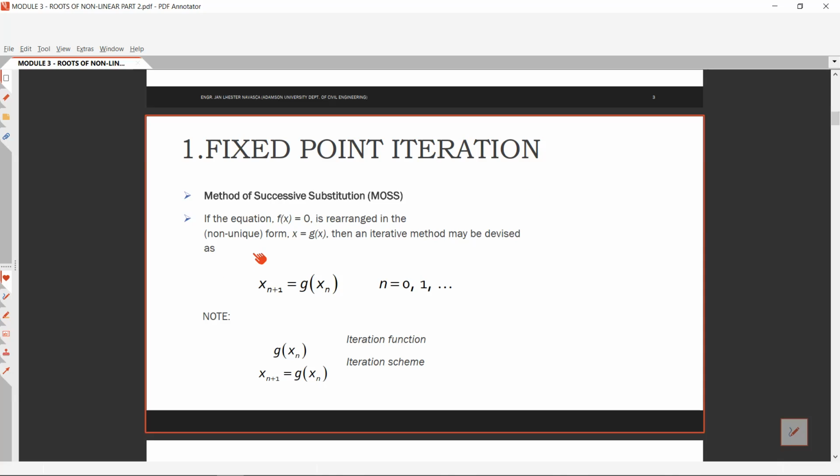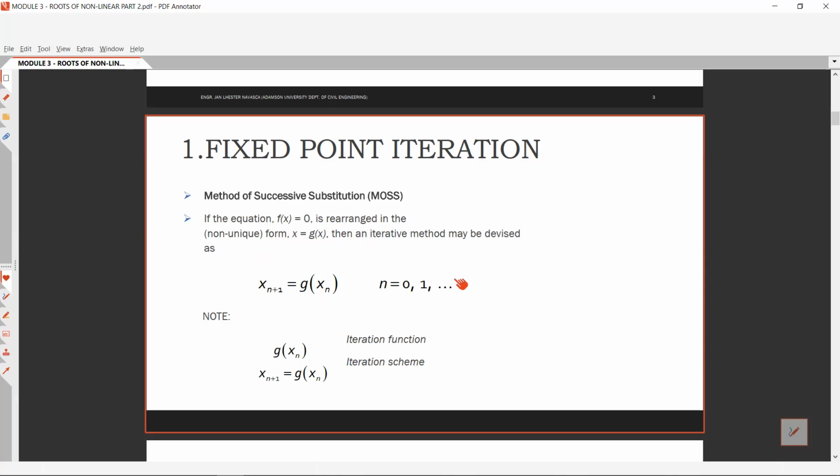We rearrange f of x into x equals g of x. Then an iterative method may be devised: x of n plus 1 equals g of x of n, where n is the iteration number: 0, 1, 2, 3, and so on.